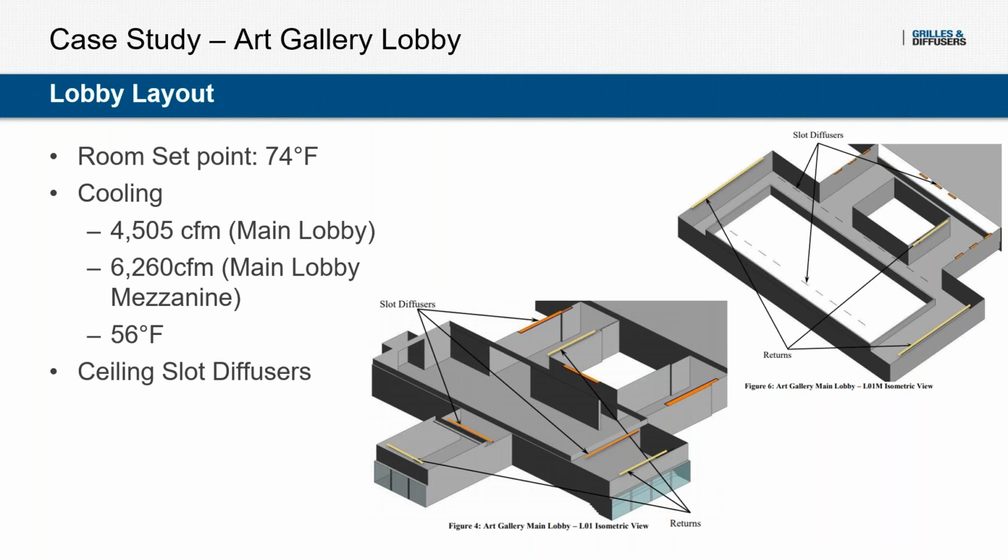We can see all of the supplies are in orange here, mostly in the ceiling, some additional slot diffusers on the second level on the ceiling of the mezzanine, and then the return opposite in yellow.